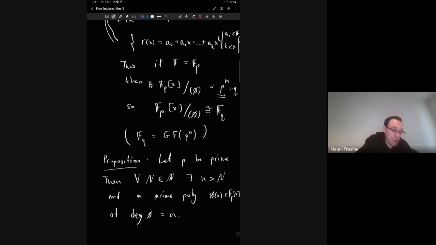Okay, so the proposition tells you we might not know, at least at the moment, how to construct a prime polynomial of every given degree, but I can go infinitely, to infinitely high degrees.